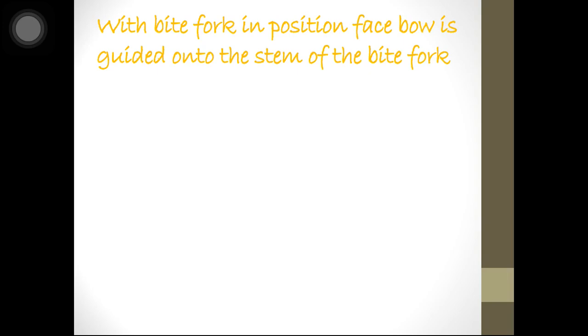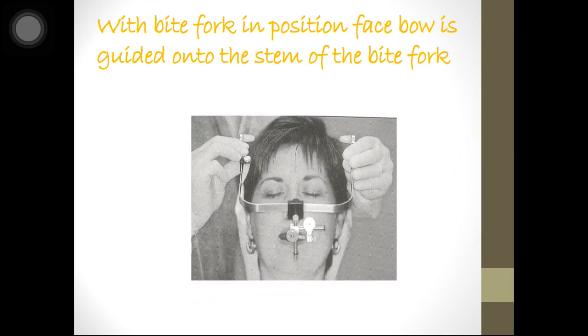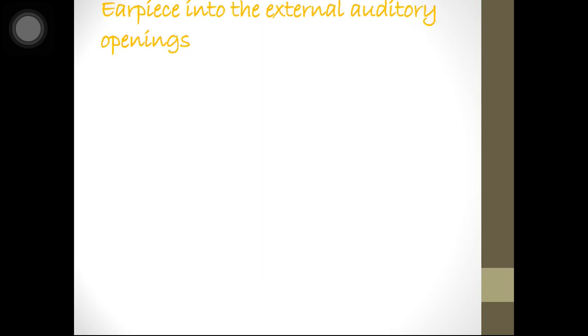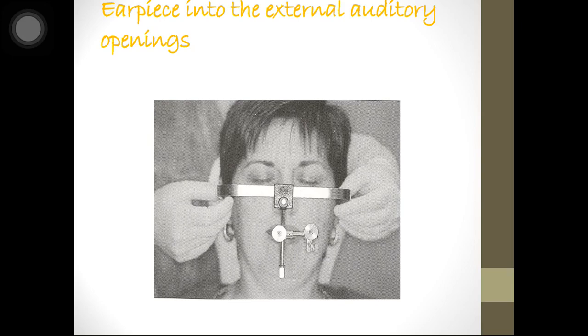When the bite fork is in the intraoral position, the facebow is guided onto the stem of the bite fork. It is inserted, and then a U-shaped frame is positioned over the patient. If they were using the earpiece type, then the earpieces go into the external auditory meatus.